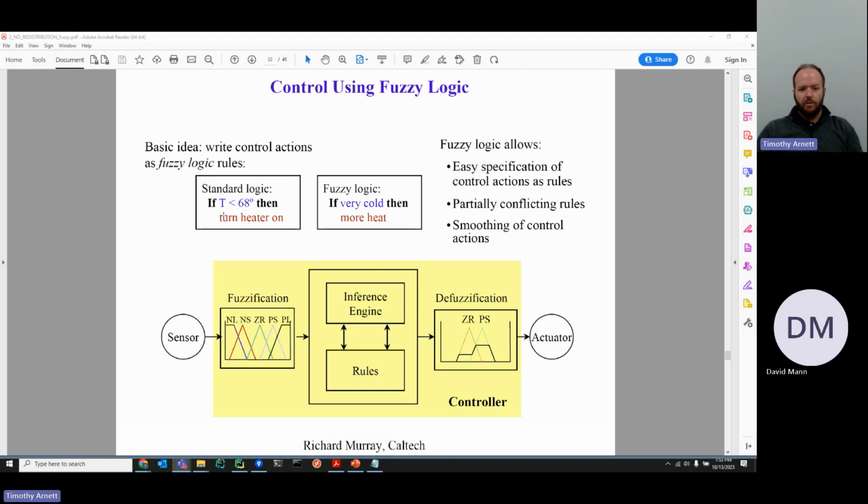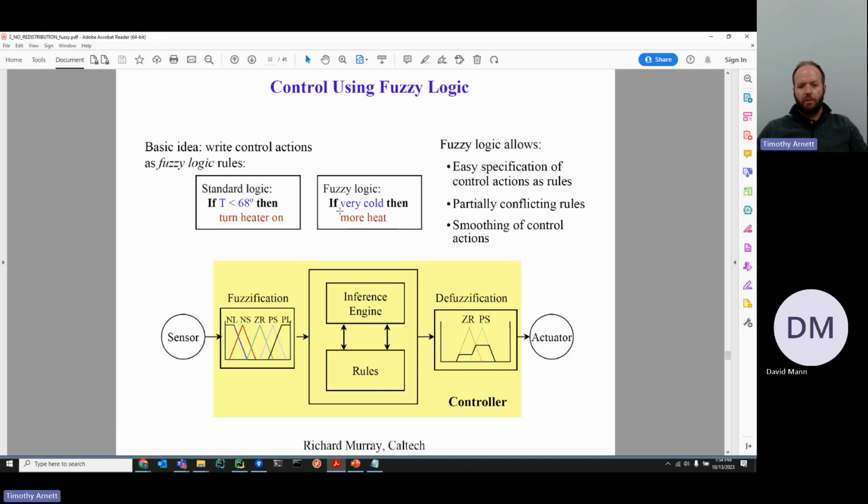So in standard logic, it would say something like, if temperature is less than 68 degrees, and by the way, temperature less than 68, that is a classical set membership function, because if it's less than 68 degrees, then turn heater on. If temperature were greater than 68 degrees, it wouldn't have membership in this set. And so we wouldn't be turning the heater on. It would just be on or off.